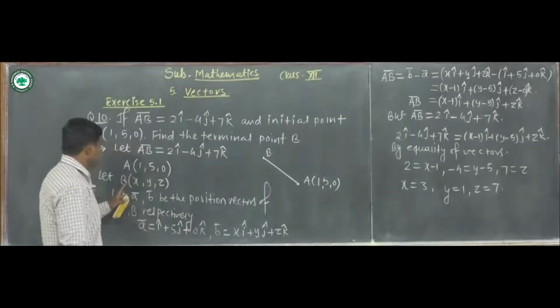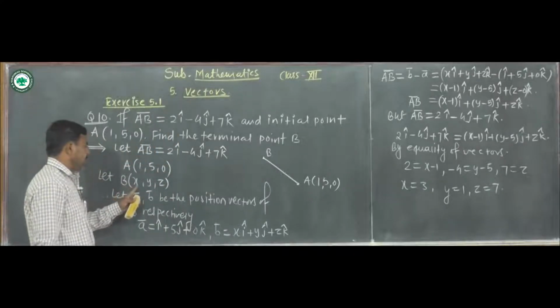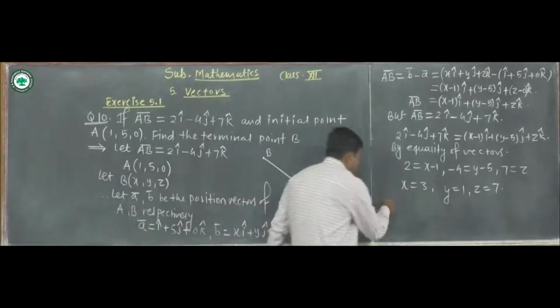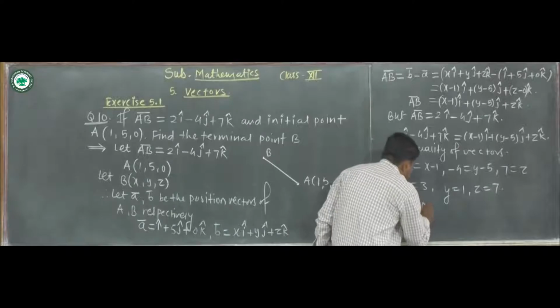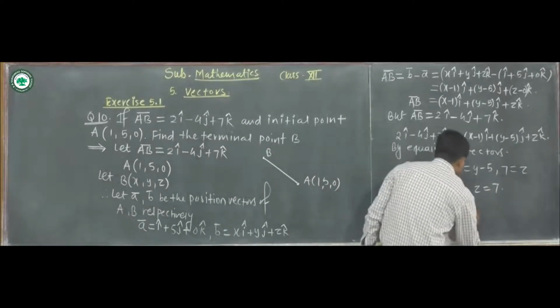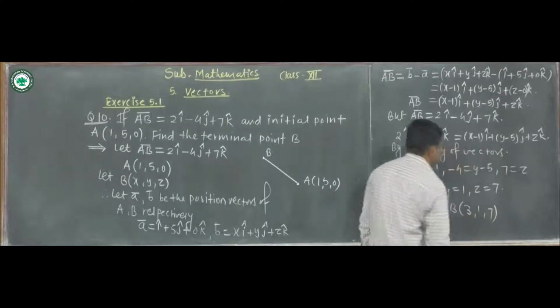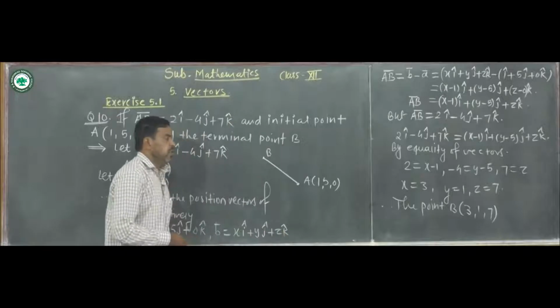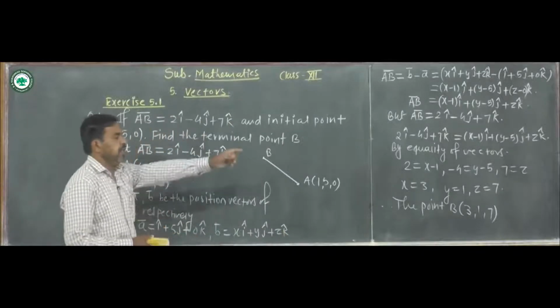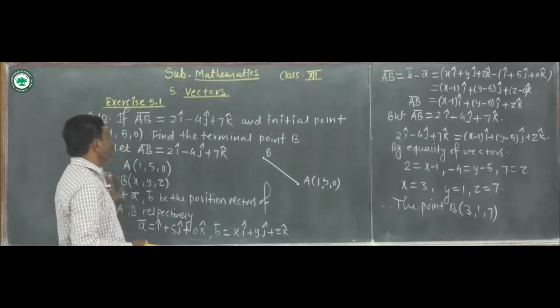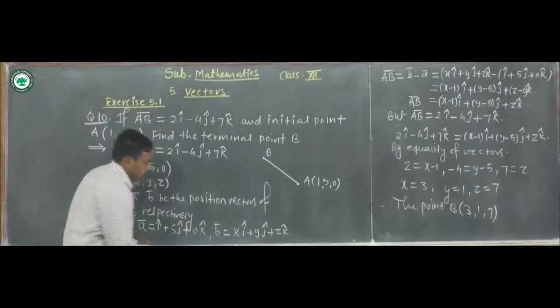But here we have considered the coordinates of point B as x, y, z. So therefore the point B is (3, 1, 7), and this is the terminal point. So the terminal point B is (3, 1, 7). This is the solution for question number 10.